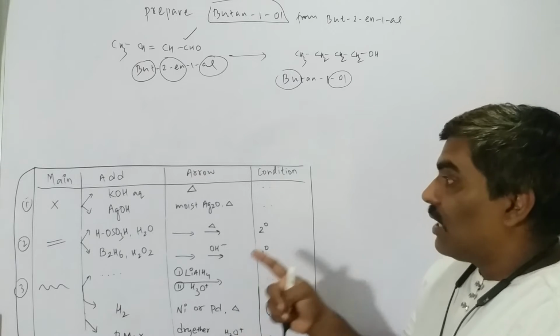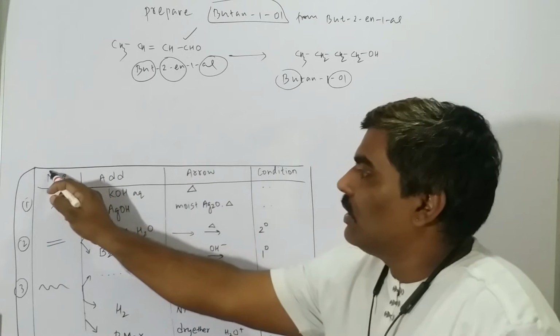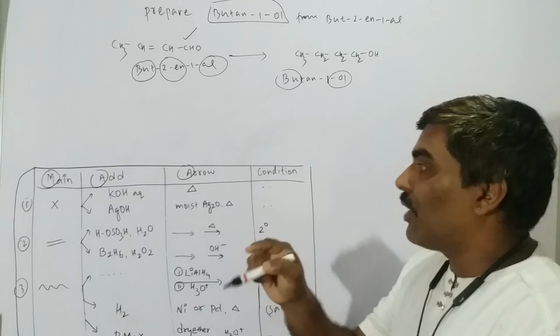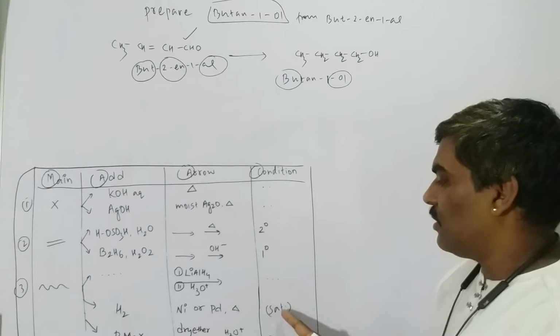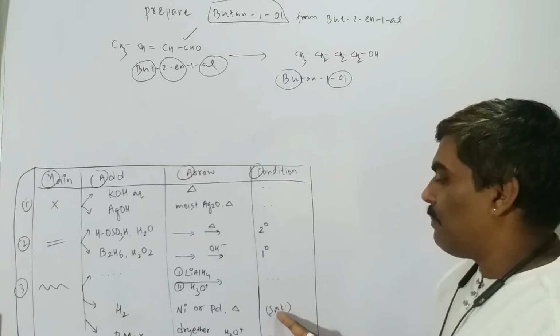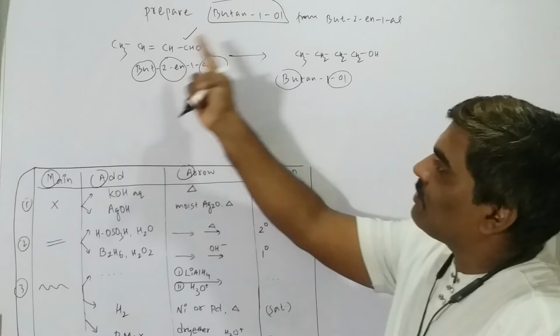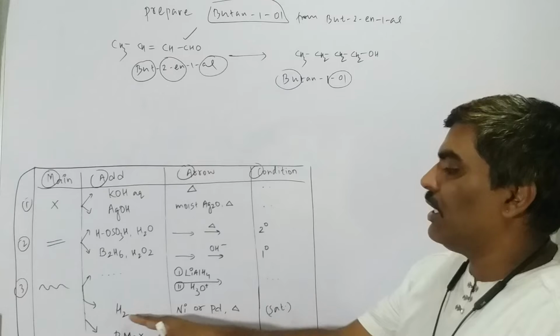So that's why I said in this main add arrow, this mark which I said last class, but very important is C. Why C? Condition. See this condition? Saturated compound. If you want saturated compound from unsaturated, then you have to do this catalytic hydrogenation.